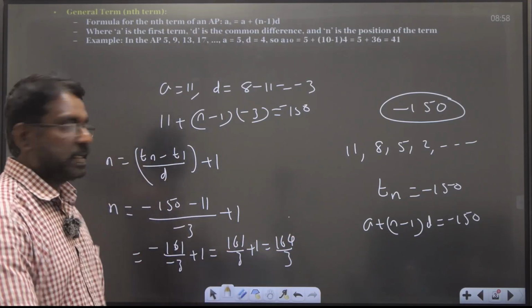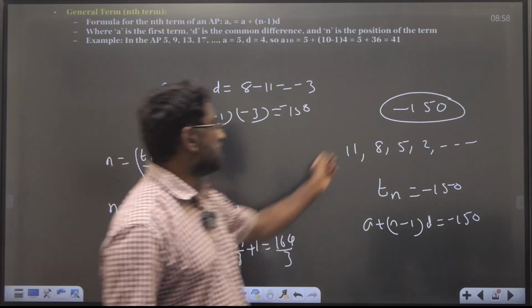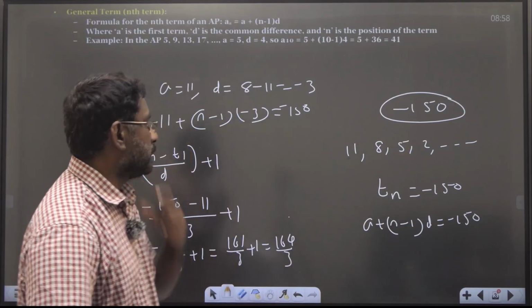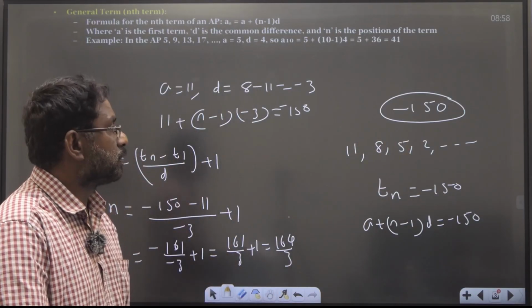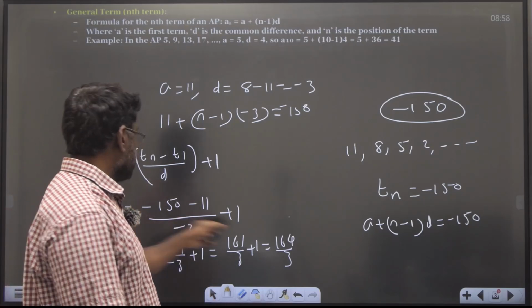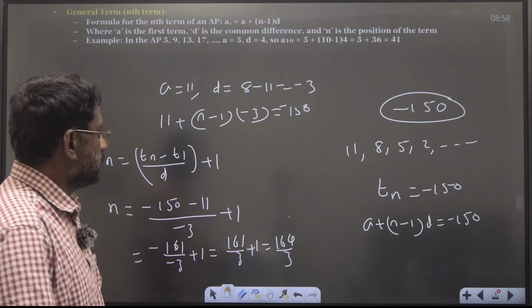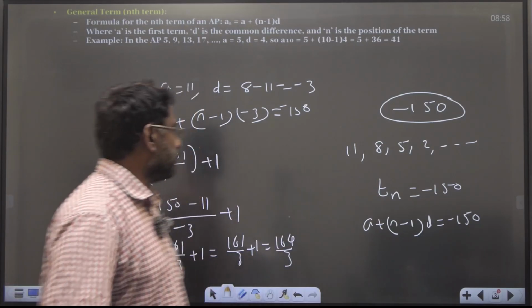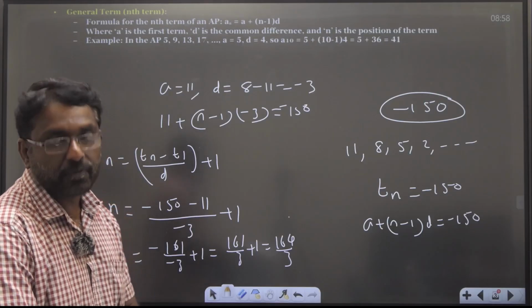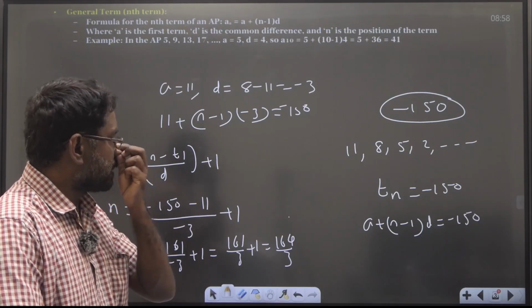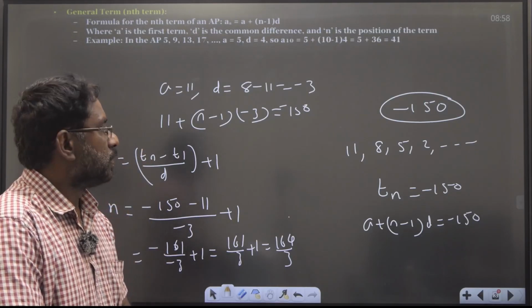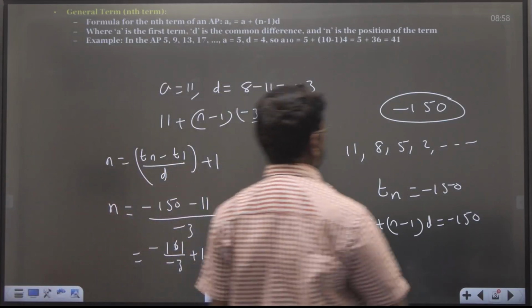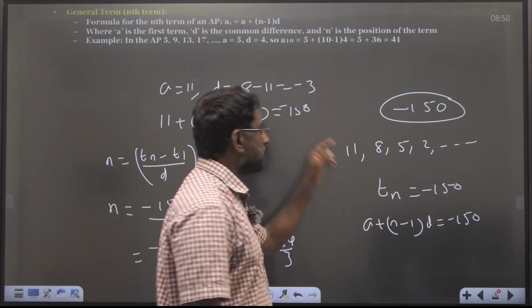It is a fraction, but this sequence never includes a fraction. If we take Tn as 150, then n is a fraction. It is not possible. n is a counting number, not a fraction. So negative 150 is not in this sequence.